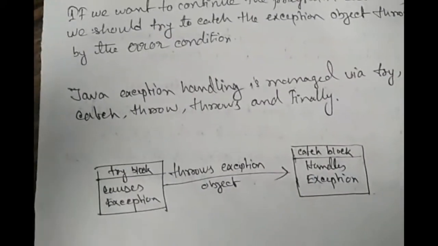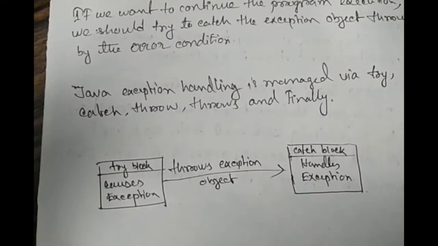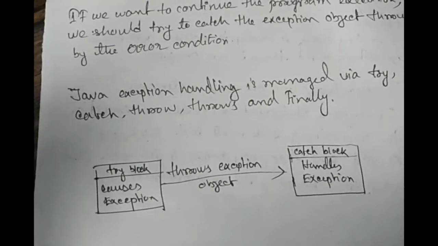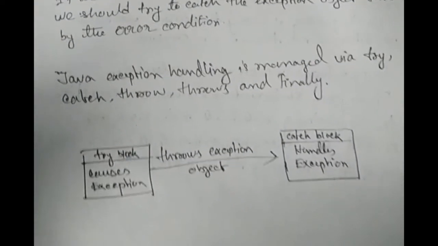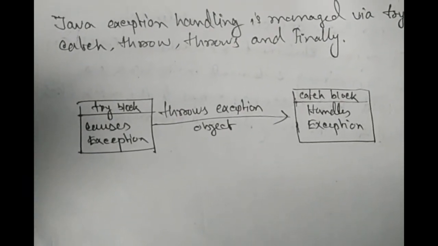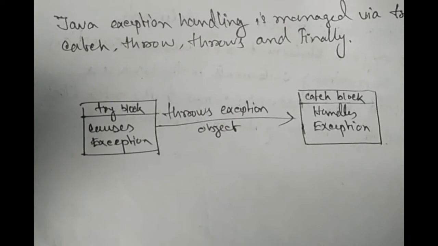Java exception handling is managed via some concepts like try, catch, throw, throws, and finally. You can think of in that diagram there is a try block.